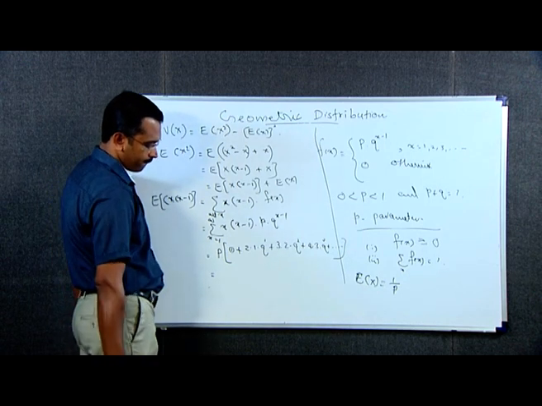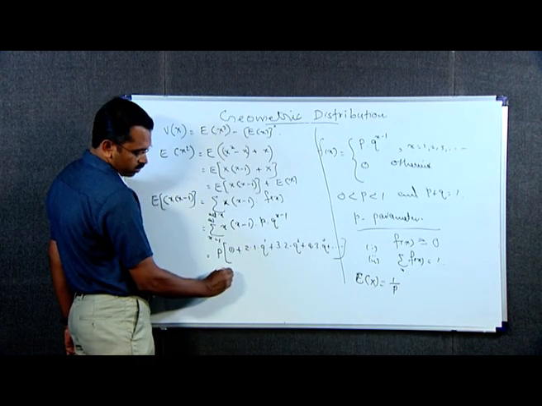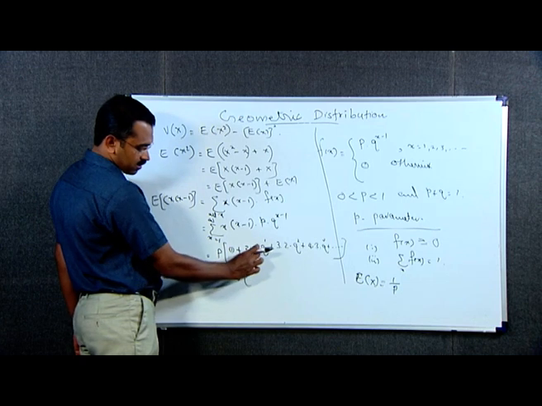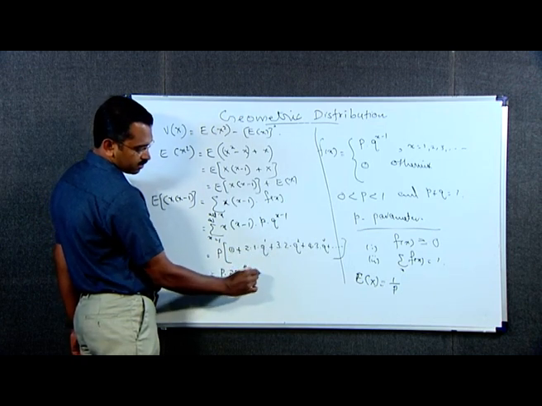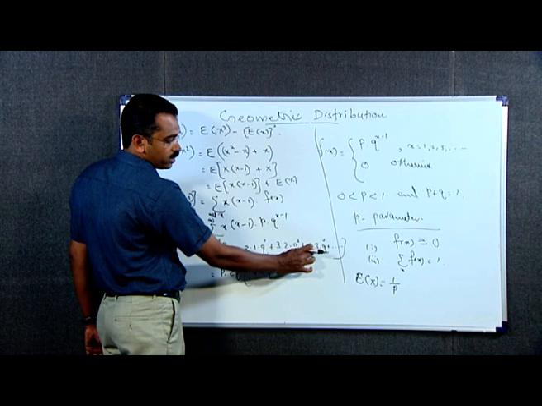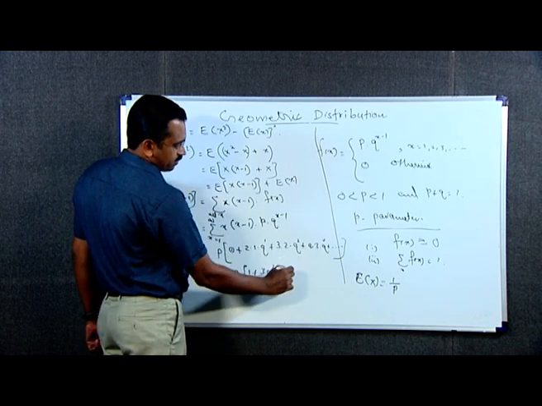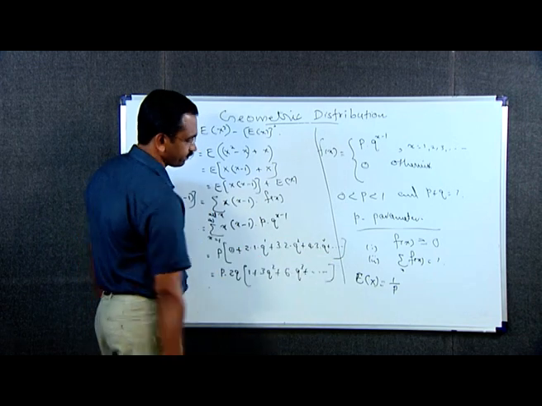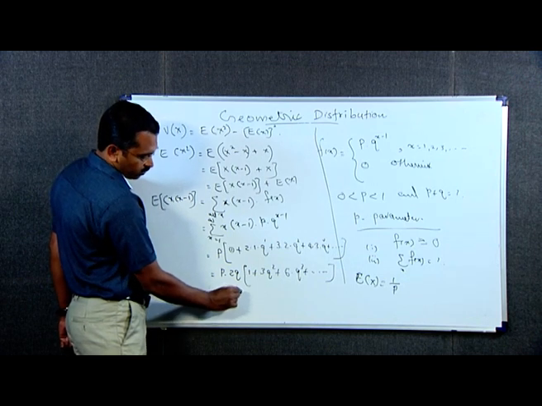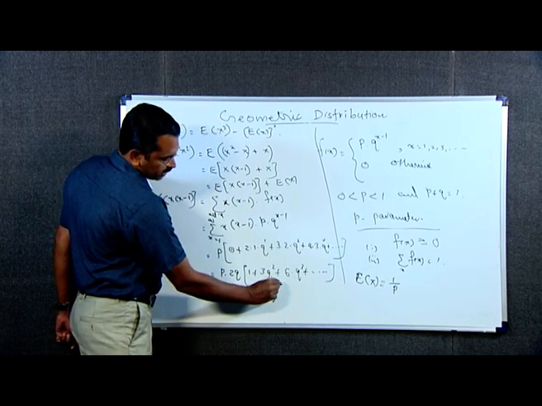This is equal to p into 2q. We take 2 into q outside, and we get p into 2q times 1 plus 3q square plus, here 2 into 3, that is 6, q raised to 3, plus etc. This is equal to p into 2q times the binomial expansion of 1 minus q raised to minus 3.